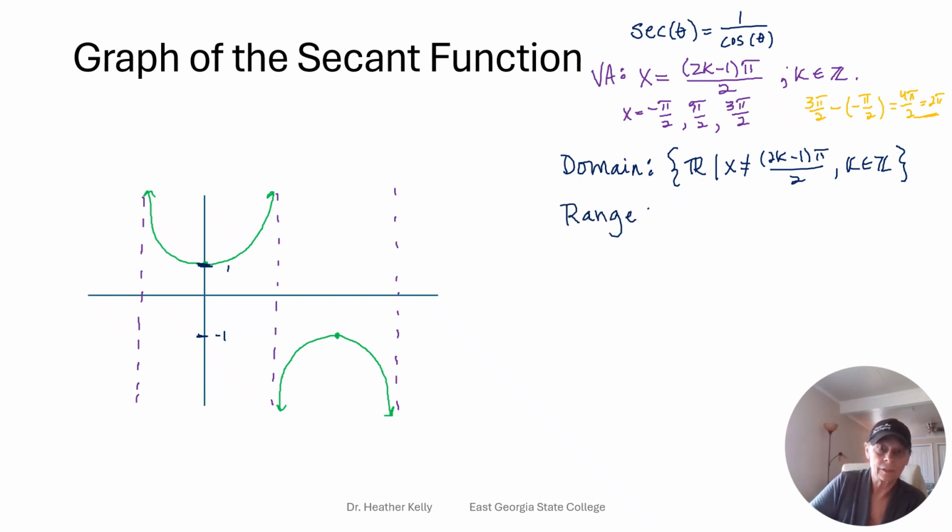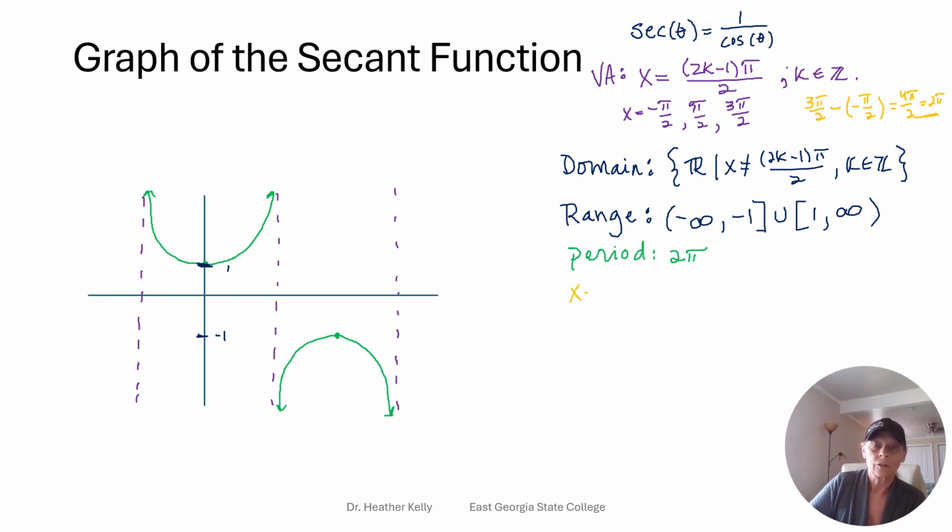The range is the same as the cosecant for the same reason. We start at negative infinity and we stop at negative 1, and then we pick up again at positive 1 and we go to infinity. The period. The period is 2 pi and it's 2 pi because it takes that much for it to show all of the positive and all of the negative possible values of the secant function.